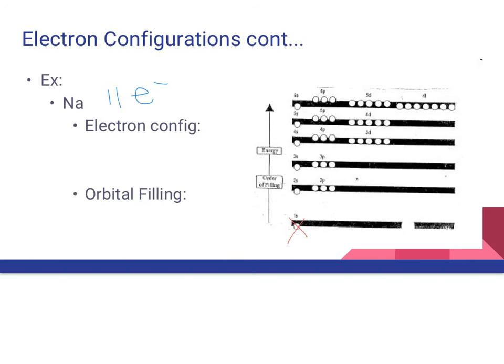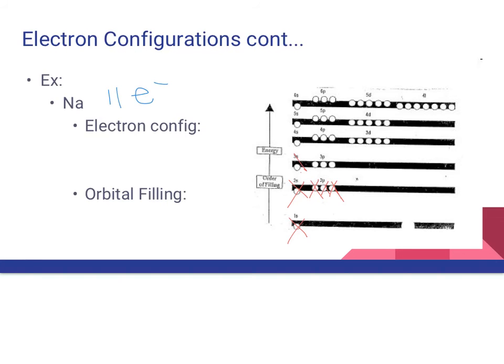Then I move up to the 2s, 3, 4. Now I'm going to move over to the 2p. Watch how I fill the 2p. 5, 6, 7. Notice each one filled with 1 first, then I double up. 8, 9, 10. And now I can move 1 up more to the 3s for my 11th electron.